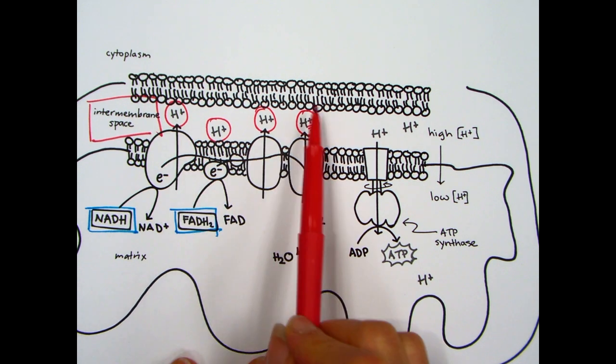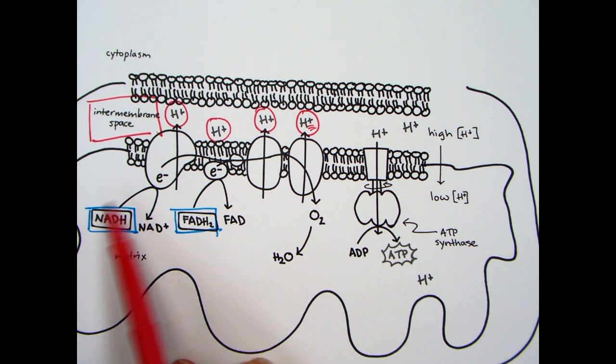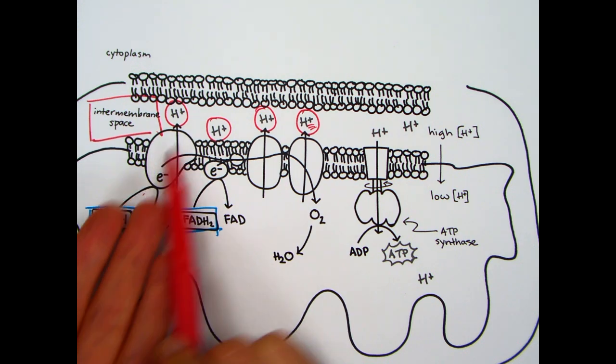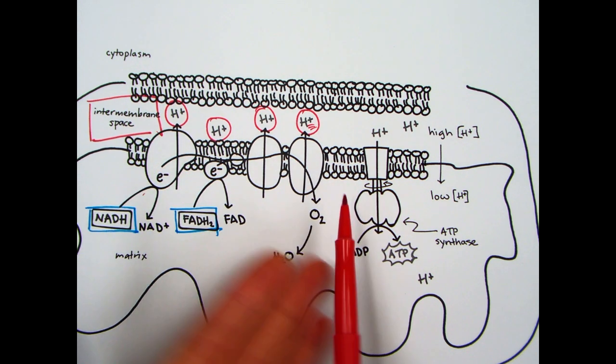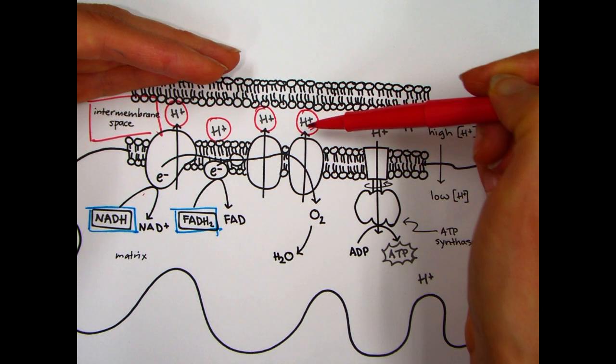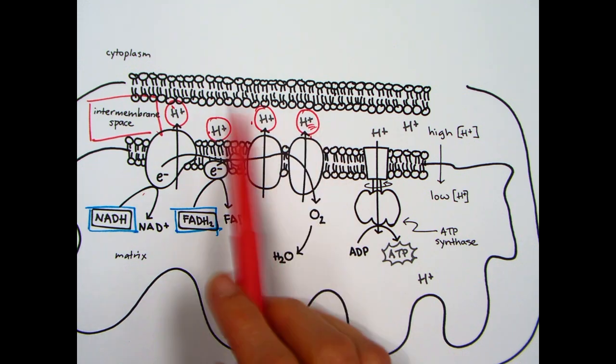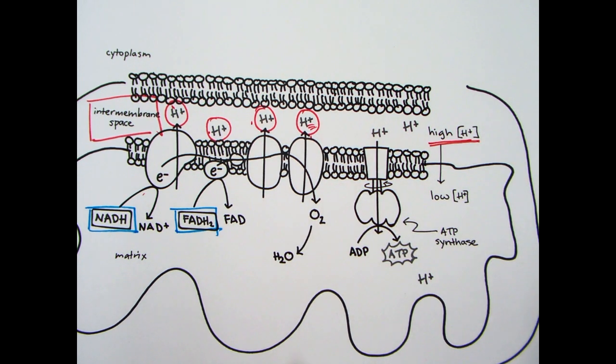So that is this. As the electron carriers donate their electrons, the electrons go down the electron transport chain, and protons are transported into the intermembrane space. Eventually, these protons accumulate and you get a high concentration of protons in the intermembrane space.